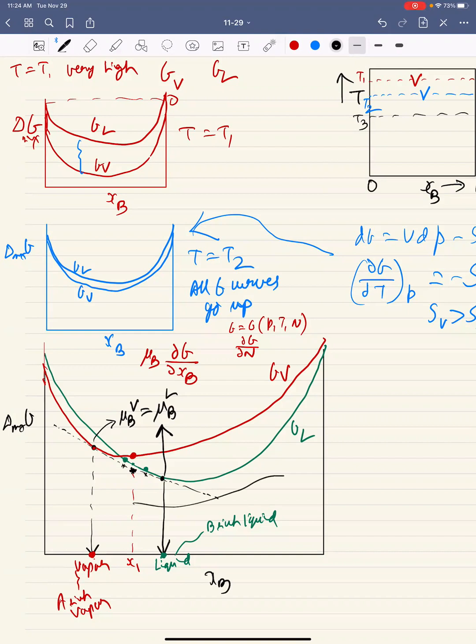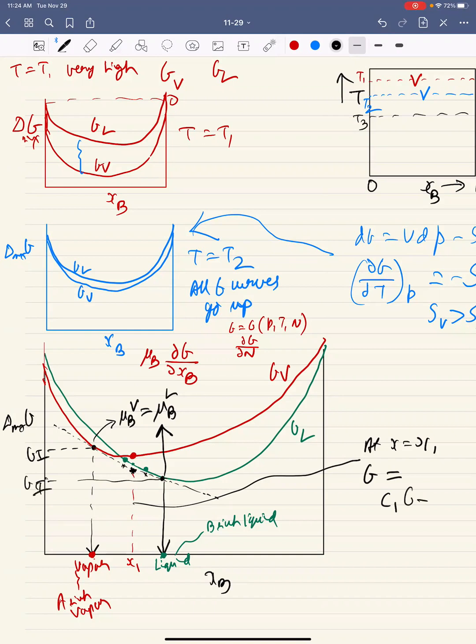That's what I said. So at x equal to x1, it's a mixture, but the G of the system is equal to some, let's call this G1 with Roman subscript, and let's call this G2 with Roman subscript.